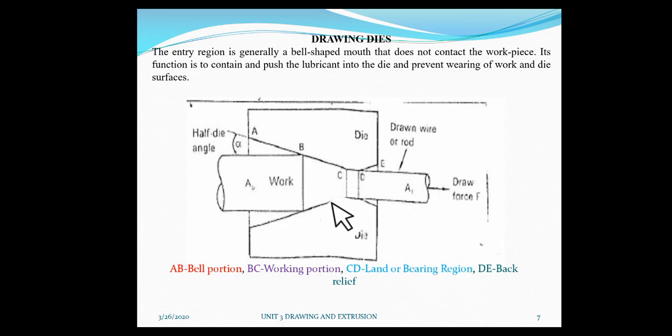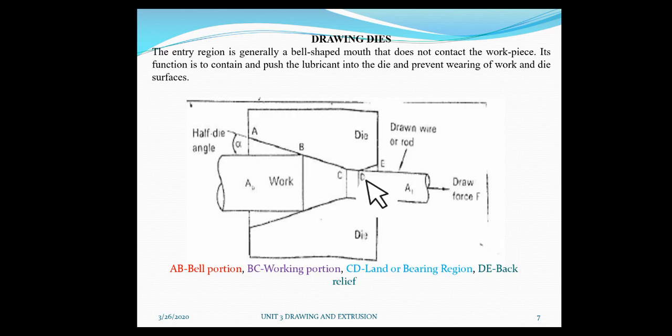Clear? After CD we have the DE, which we call the back relief angle. In this portion you can see there is a slight gap between the die surface and the work surface. In this portion the slight expansion of the work metal takes place while leaving the die material.